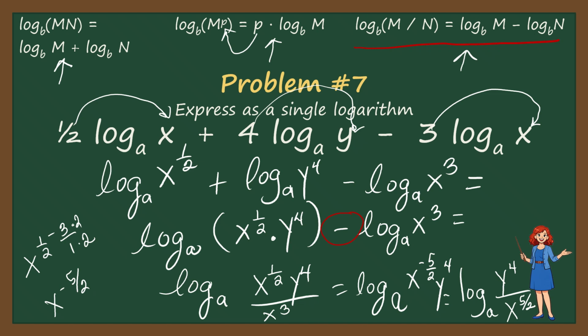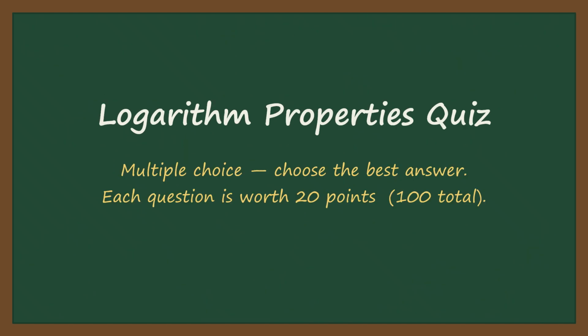Now my class is a little different because I did go over the problems with you, but I also want to give you a quiz on properties of the logarithm. The multiple choice is you're going to choose the best answer, and each question is worth 20 points, 100 total.